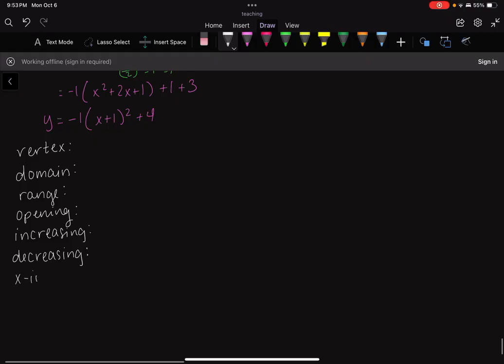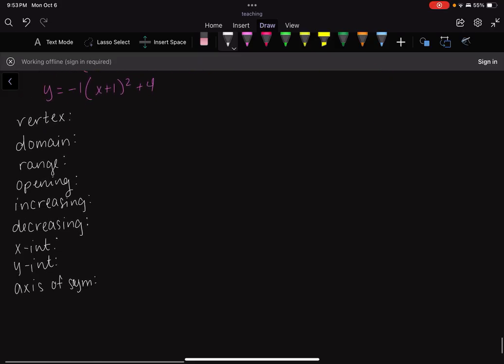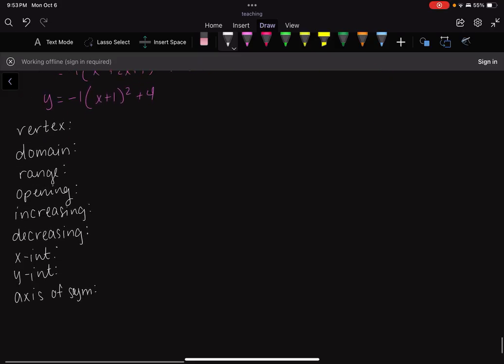We'll do x-intercepts, y-intercepts, axis of symmetry, abbreviating just a little bit. I think that's it. I think that's all I asked for the last one.